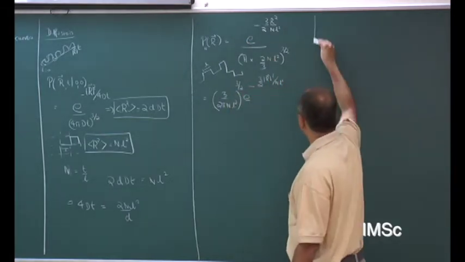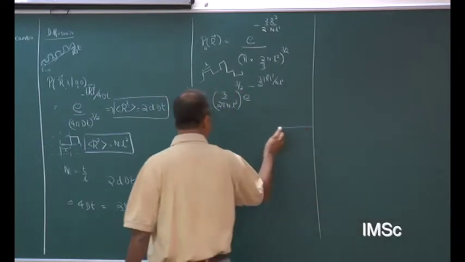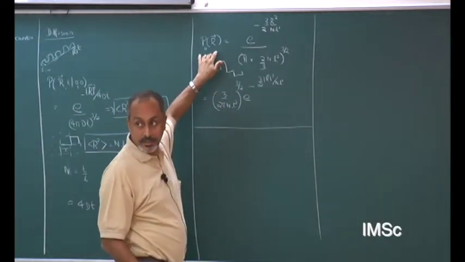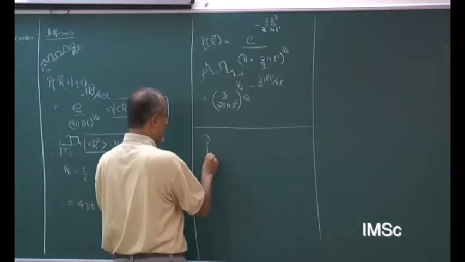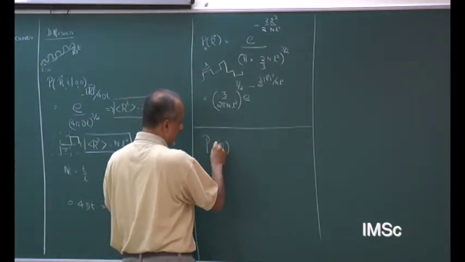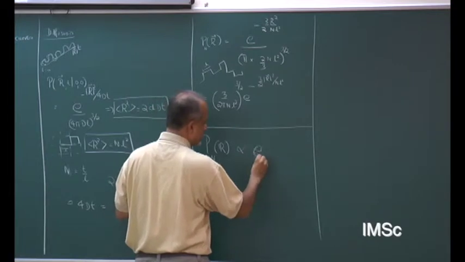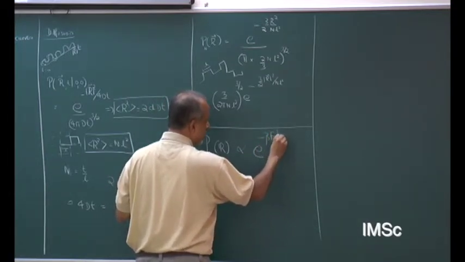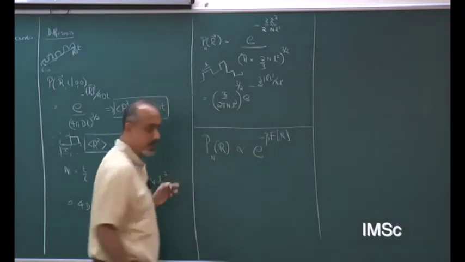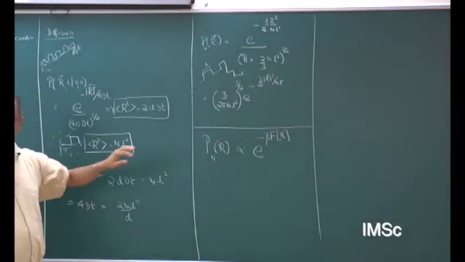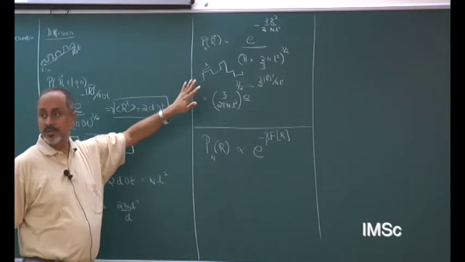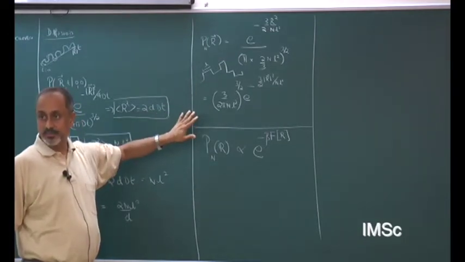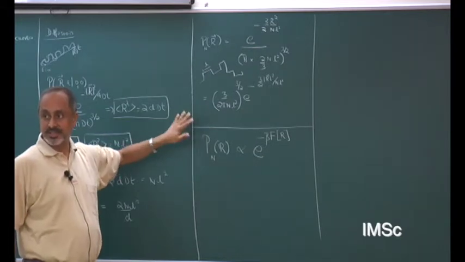Okay, I can make a few more changes here. First of all, the probability distribution P_n of R, I can write as being proportional to the exponential of minus beta times the free energy of having the two ends at R. This was motivated by our old results from statistical mechanics, where we related partition functions to free energies.